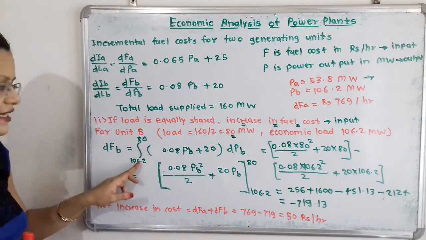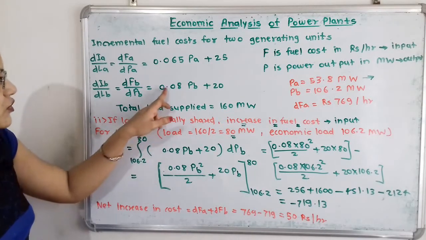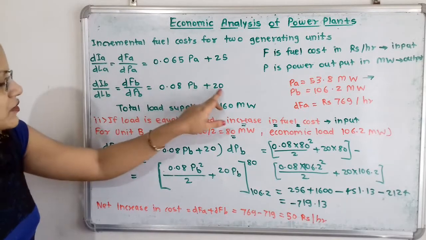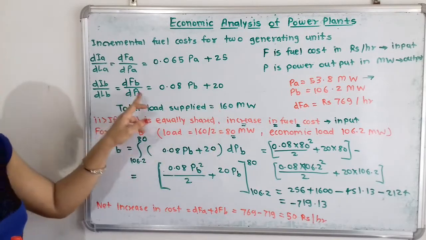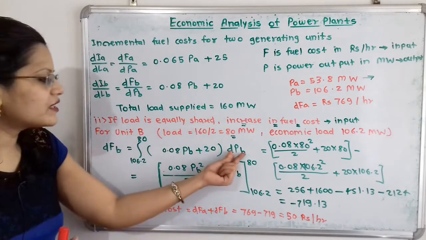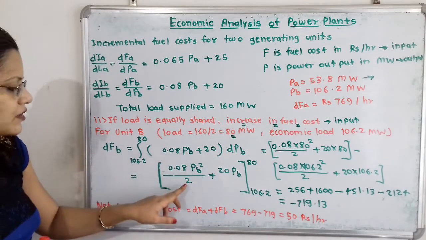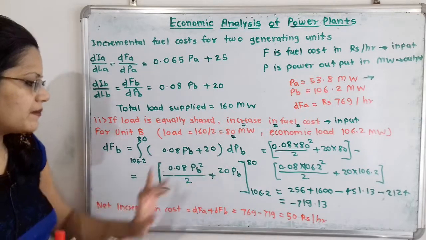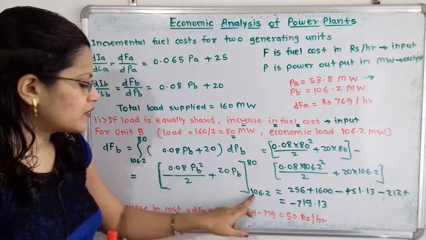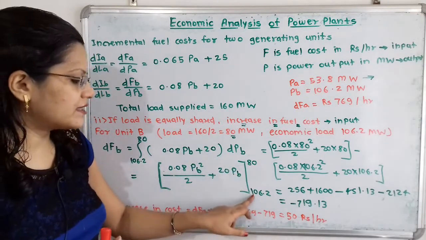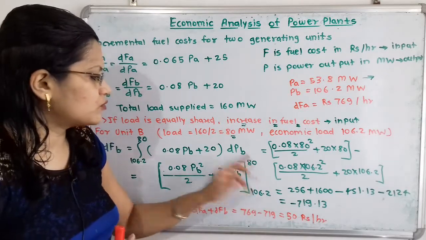Now here this is the load for minimum fuel cost. So we have to take the load from 106.2 to 80. We have to take the integration in the bracket 0.08 PB plus 20, bracket complete, dPB. Now when we take integration, we get 0.08 PB square by 2 plus 20 PB, and outside the square bracket we write this limit, that is the range 106.2 to 80.